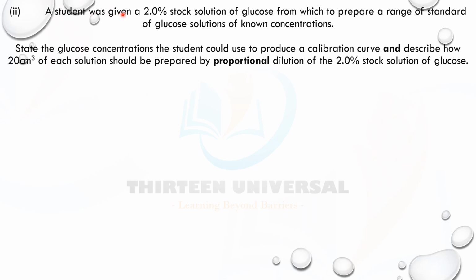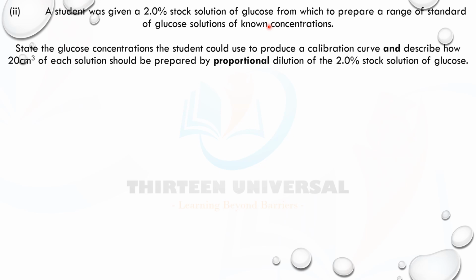A student was given a 2.0% stock solution of glucose from which to prepare a range of standard glucose solutions of known concentrations. Remember, if you're going to plot a standard curve, you must use solutions with known concentrations.